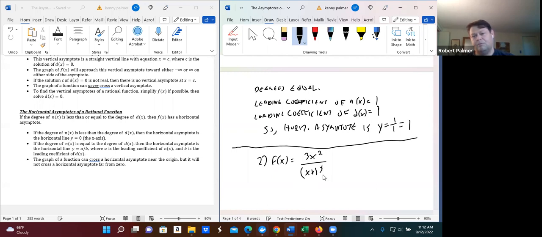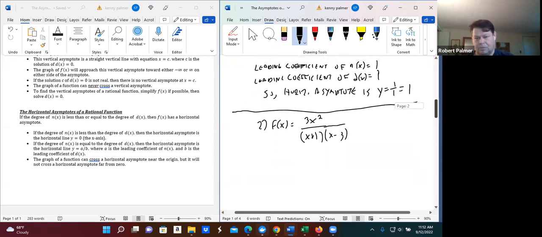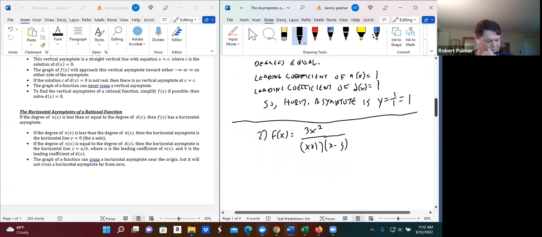Our denominator is going to be x plus 1 times x minus 3. Okay, well, actually, I think I've changed my mind again. Sorry, but I'm trying to make sure you see a few different things. Okay, let's take a look at this.